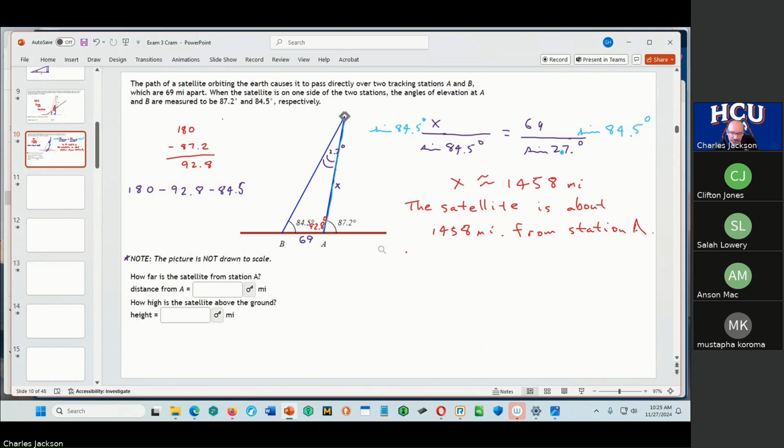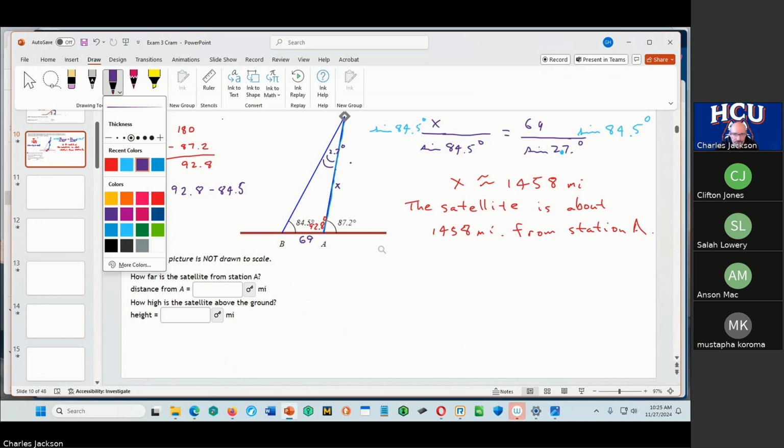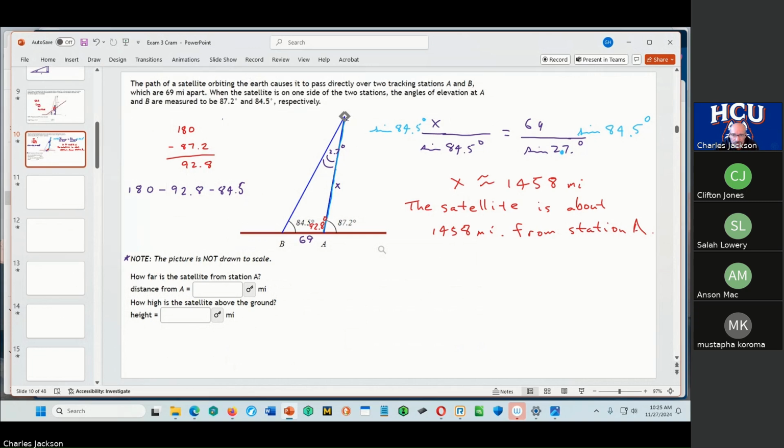How high is the station above the ground? Well, how do y'all want to do this problem? Well, we have lots of options.